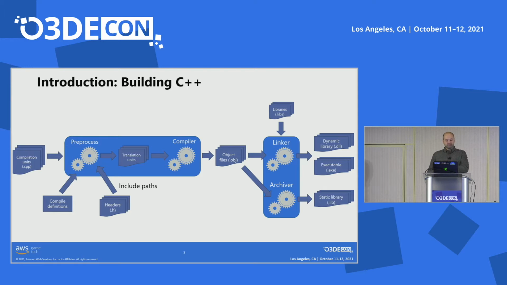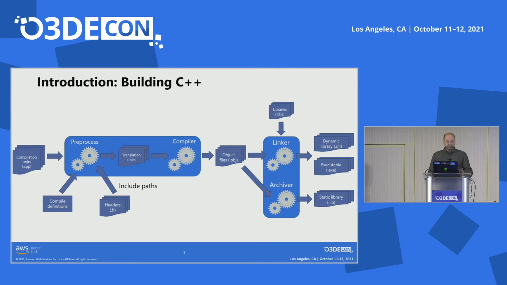And that produces an object file. Then you group multiple object files, and you can pass them to an archiver, and that generates a static library. Or you can feed those object files into the linker with other libraries, and that can produce dynamic libraries or executables.